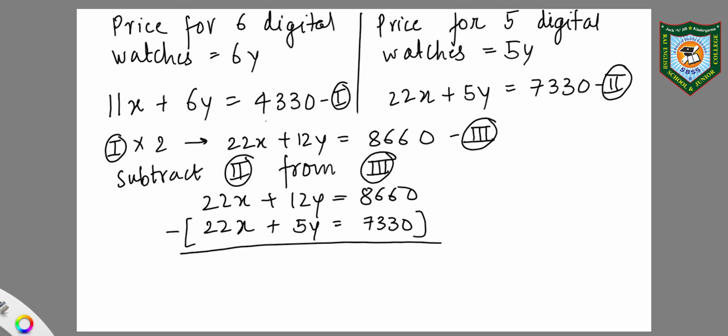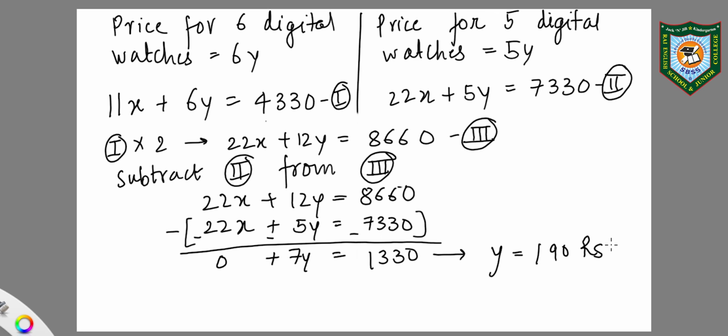Now as the minus sign is outside the bracket, it changes every sign inside. 22x minus 22x becomes 0, 12y minus 5y becomes 7y, and 8660 minus 7330 becomes 1330. So 7y is equals to 1330. When you solve this, you will get the value of y as 190 rupees.